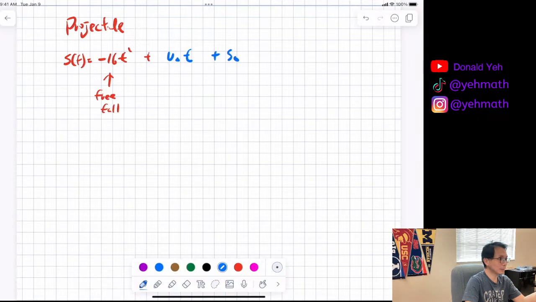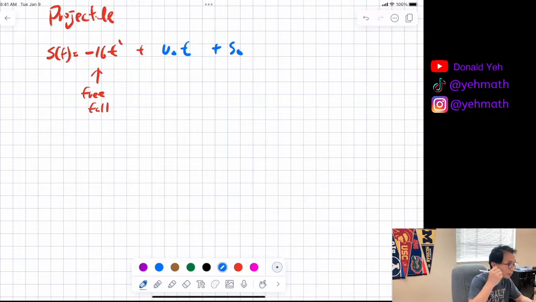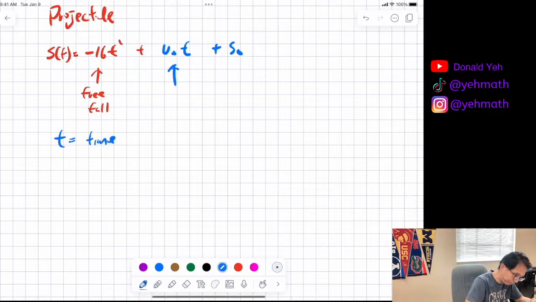It's going to be different because of how far it is from sea level. If you hit from the top of a building, it's going to take a little bit longer because you have to travel past the building. So you have to think about the initial velocity, which is how fast you throw up. I'm going to say t is equal to time, and v0 is called initial velocity.